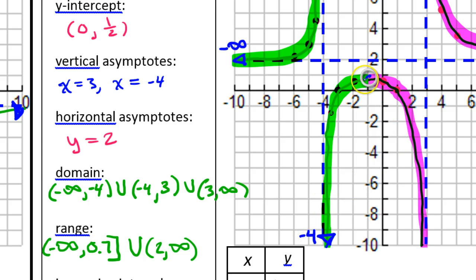Now, this x value right here is tricky because we have to estimate. It appears to be, I'd say, approximately negative 1. So we'd have to give you some leeway, and give you anything that was close, unless we give you access to a graphing calculator or some other kind of technology.